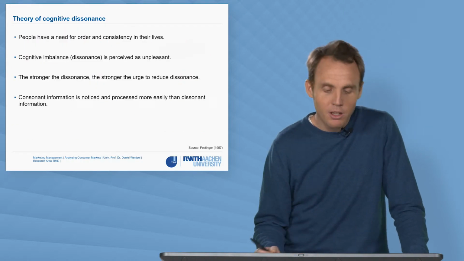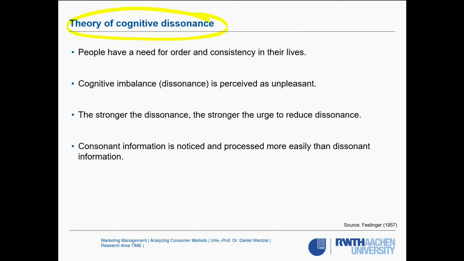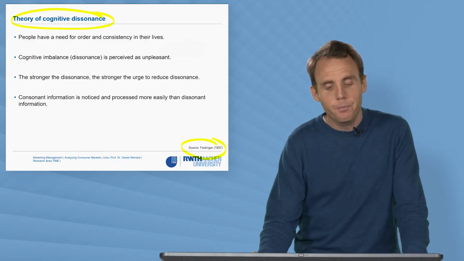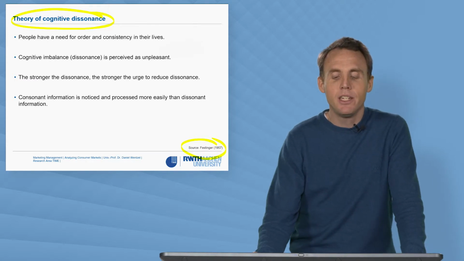Now, one very popular theory in this respect is something they call the theory of cognitive dissonance, right? A very popular theory that was developed by Leonard Festinger in the 1950s, but still very, very relevant to this day. Now, what does the theory say? The theory says that on a very basic level, people have a need for order and consistency in their lives, right?